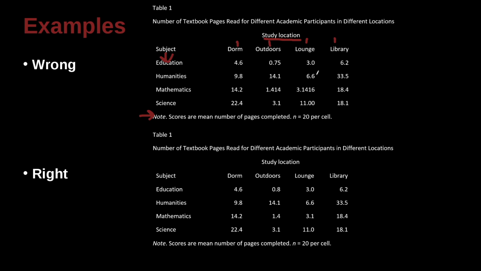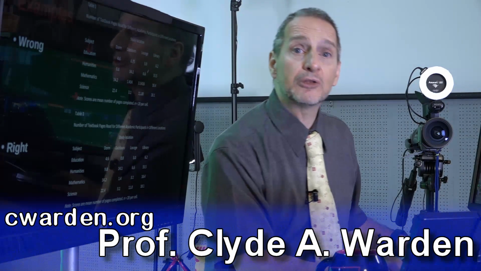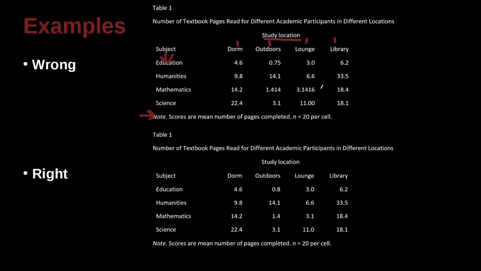You know, a little bit hard to see what the problem here is. But if we look a little bit closely at the numbers, we can see what the problem is. And that is 6.6, 3.0, and then suddenly 3.1416, or over here, 1.414.